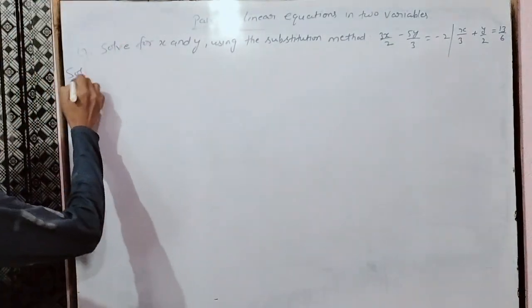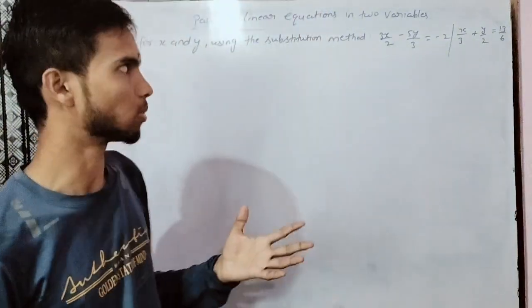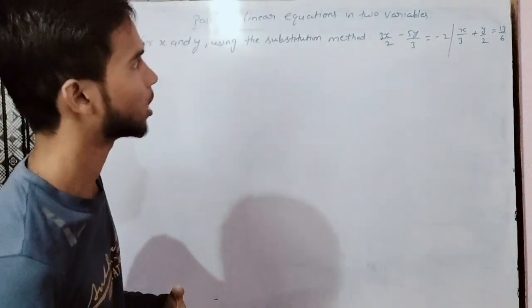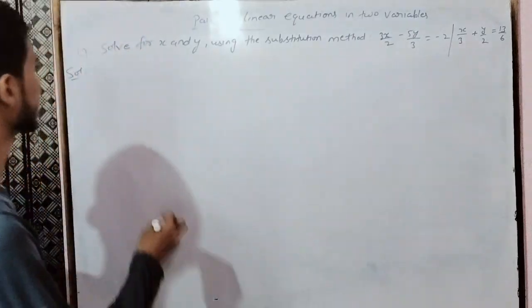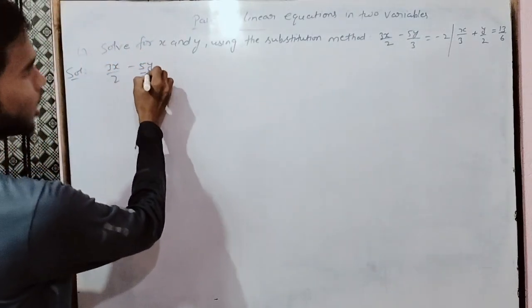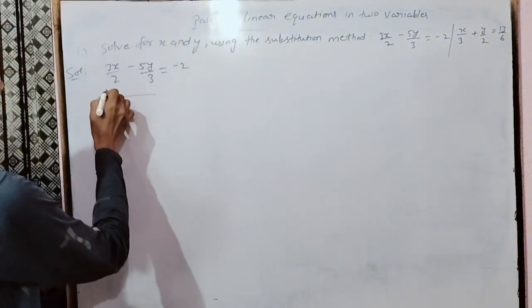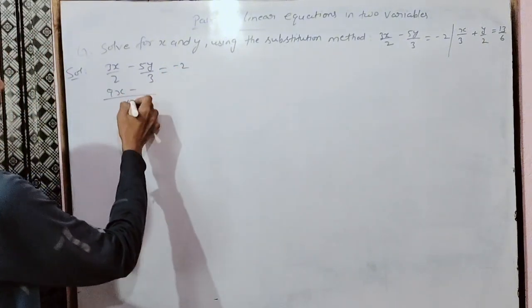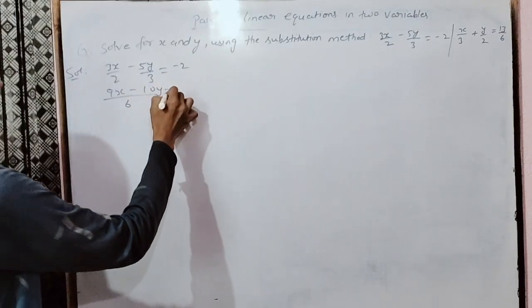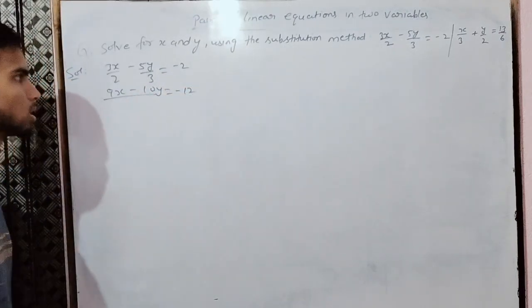Now first let's make these two linear equations simple, by taking LCM. So here 3x upon 2 minus 5y upon 3 minus 2. So 3 twos are 6, 3 threes are 9, 10y upon... so can we write minus 12?